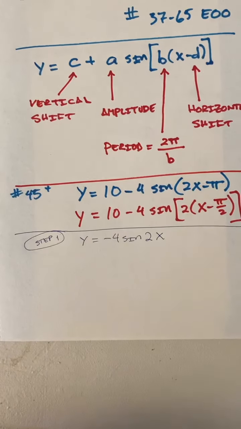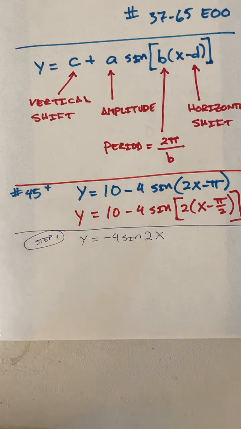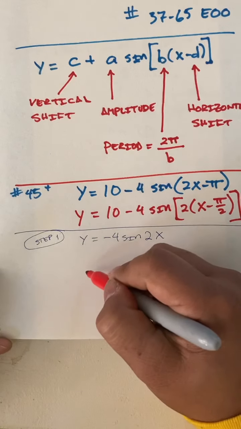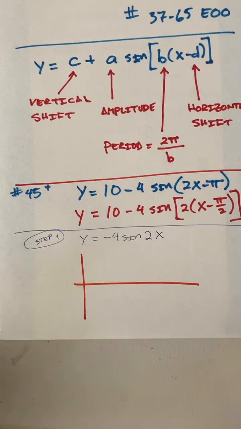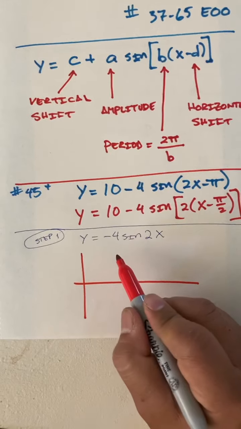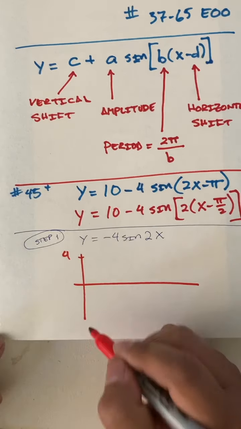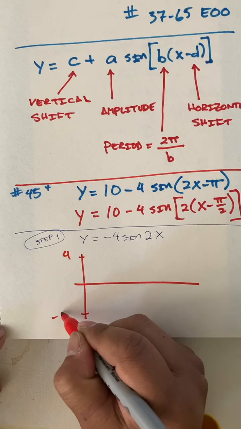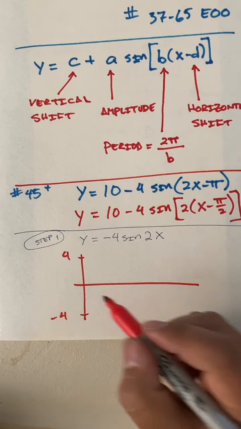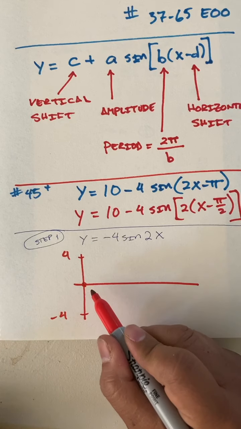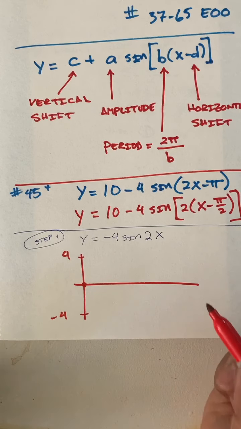All right, so let's do that, which hopefully you've done in 4.1 already. The graph of this, I'll do it in red, has an amplitude of 4. So its highest point goes all the way up to +4, lowest point goes to -4, and it's negative, so it's going to flip our sine wave into starting at 0 and then going downward instead of its usual upward.